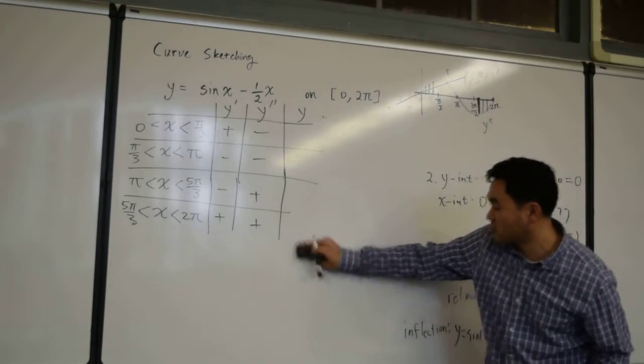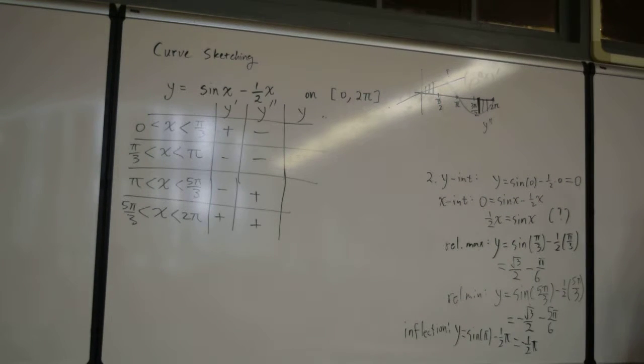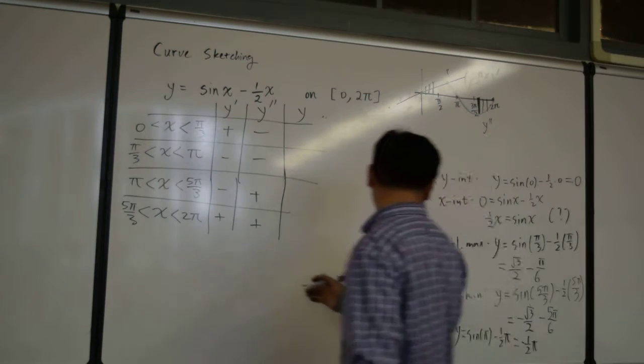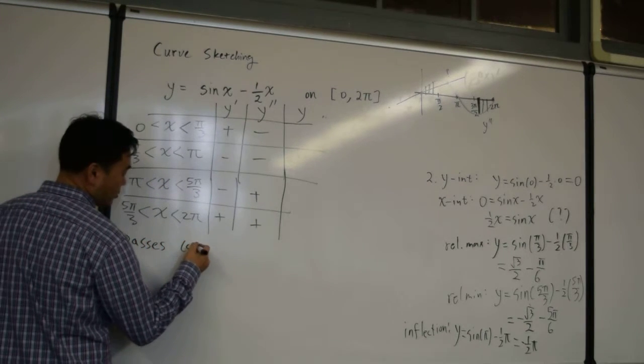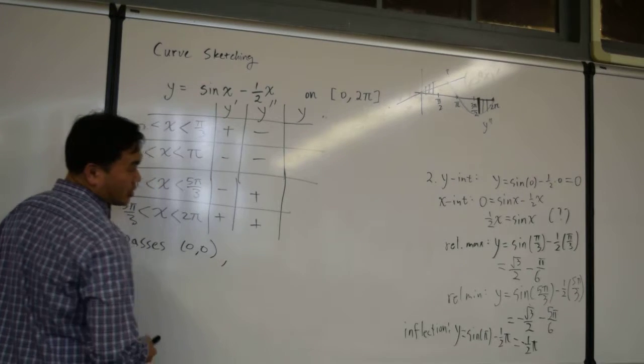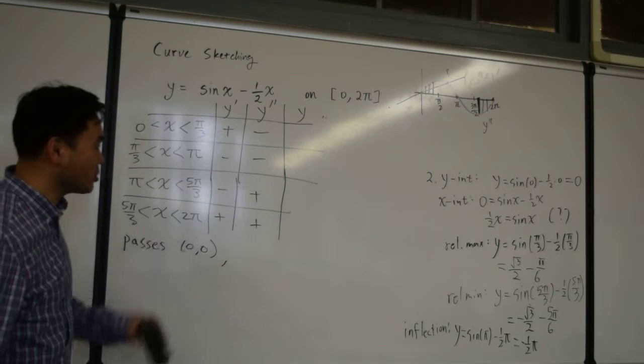So let's just erase it. And then we know that it should pass through 0, 0. And it has some x-intercept. We don't know the exact coordinates.